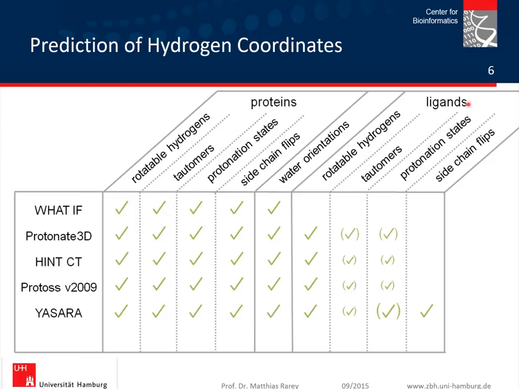And the reason is that for ligands, you have the whole of organic chemistry you have to describe. So this is much more complicated than dealing with the typical 20 amino acids you have in the protein structures.